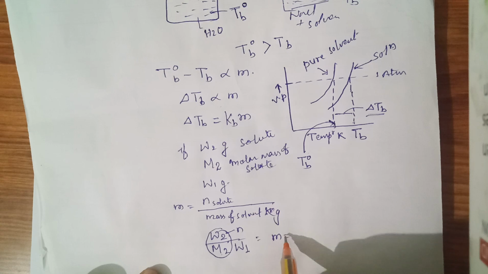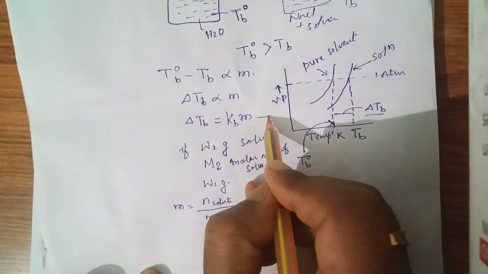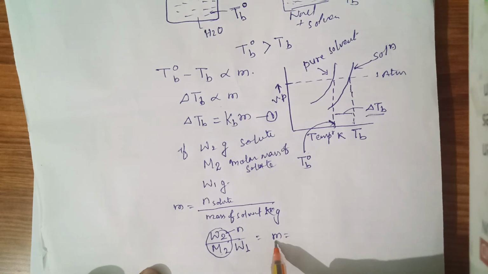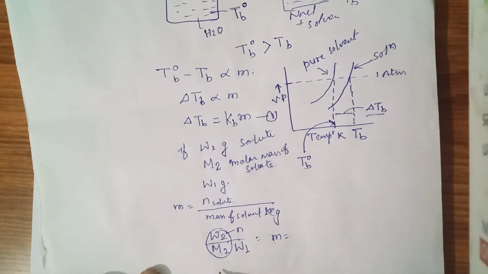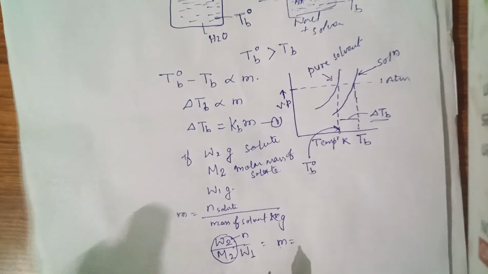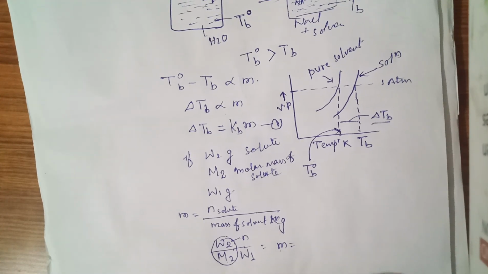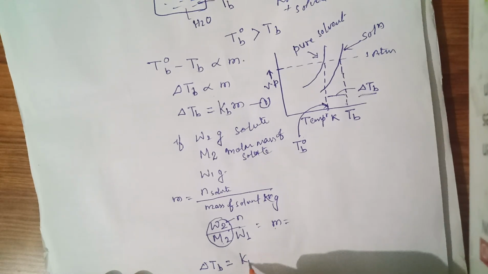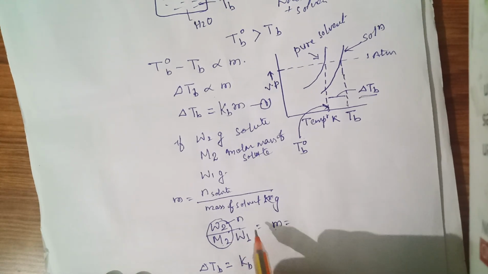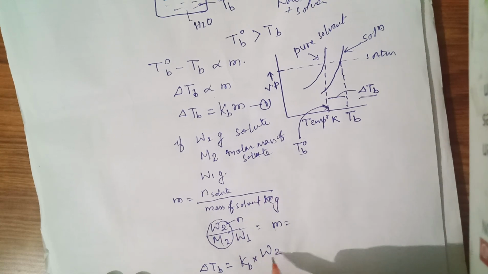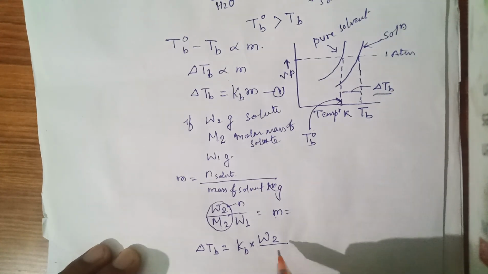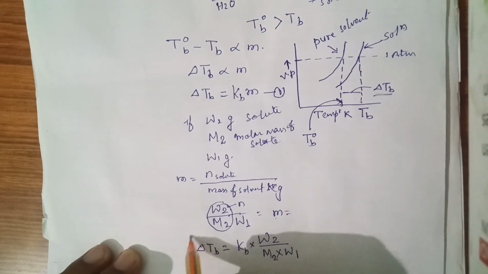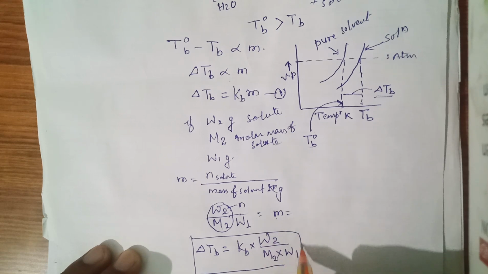In the first equation we can put these values, and we shall get delta Tb equal to Kb into W2 upon M2 into W1. So this is the relation for elevation in boiling point.